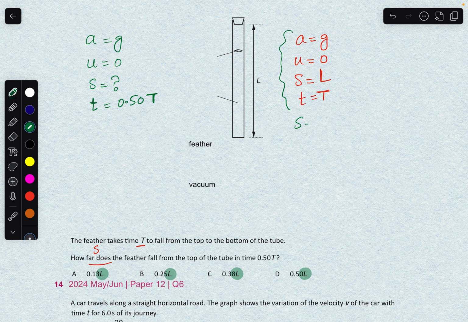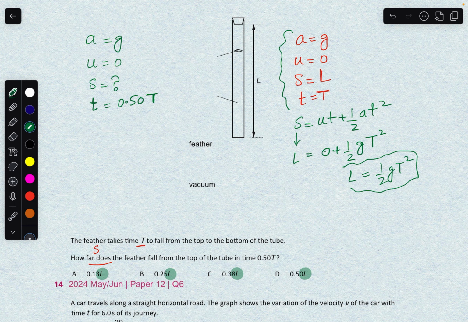It can be s is equal to ut plus half at square. Let's put the scenario what we have. s is equal to L, u is 0 plus 1 by 2, a is equal to g, and t is equal to capital T square. So I can write L is equal to 1 by 2 g T square. Length is equal to this thing.